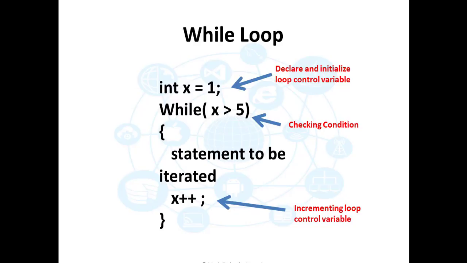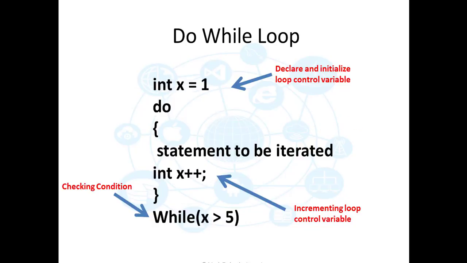So it won't be executed. But in the do while case, the do part will execute first, followed by the while statement. Therefore the statement will be executed once only.